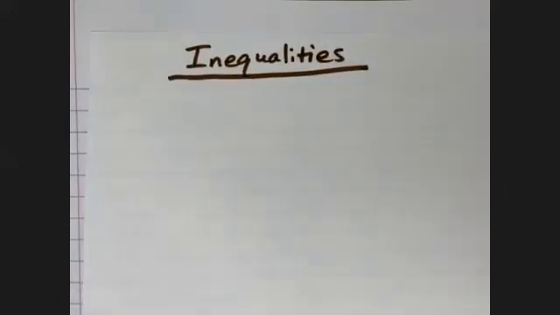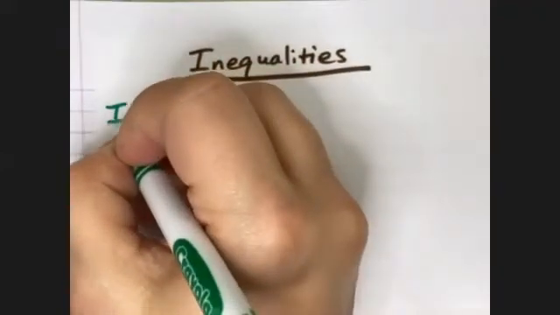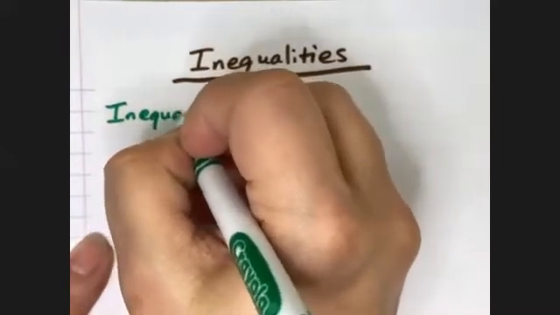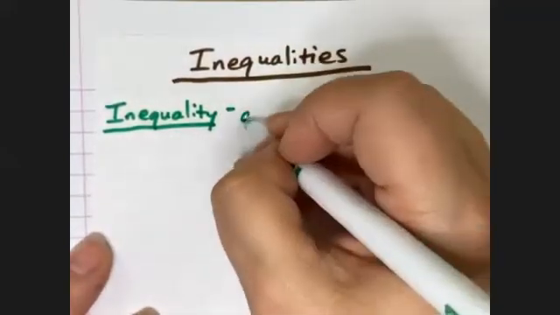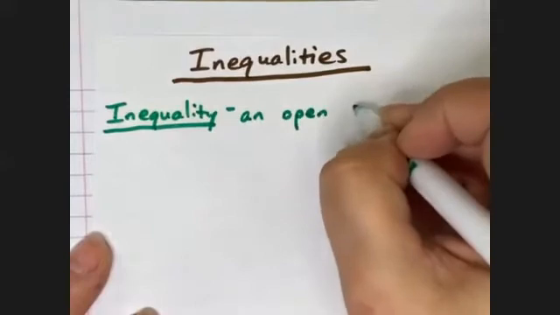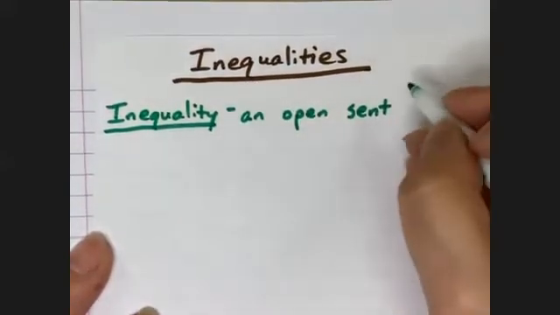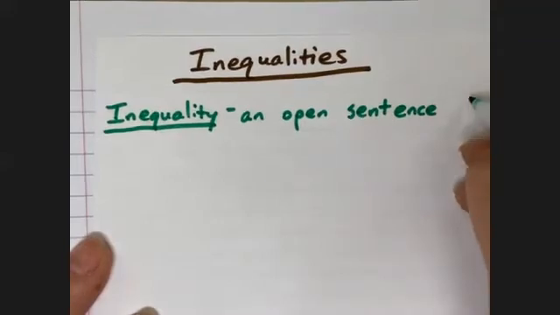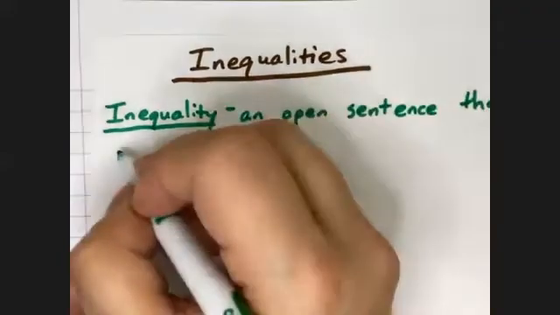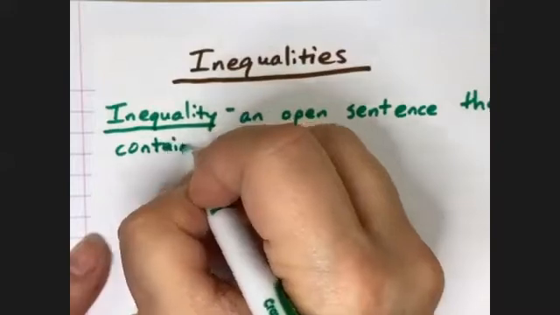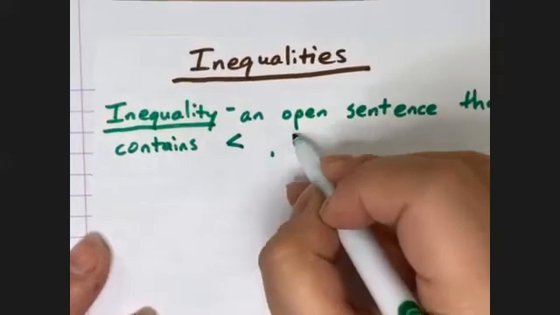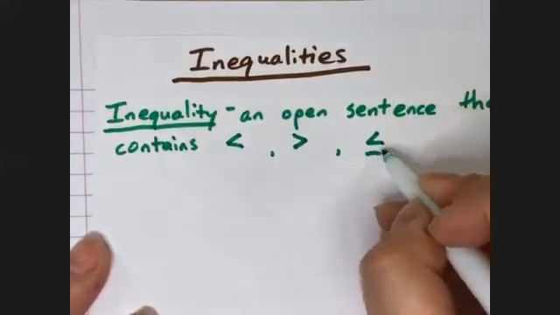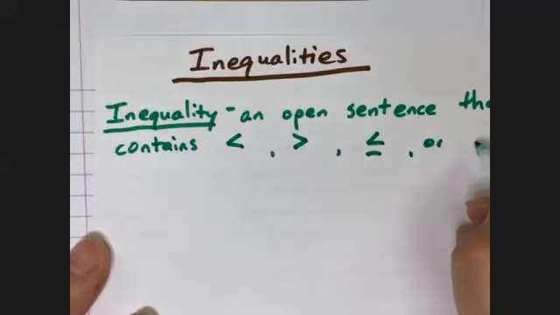Now, hopefully you know what an inequality is, but if you don't, we're going to go ahead and define it. So an inequality is an open sentence that contains this symbol, this symbol, this symbol, or this symbol.